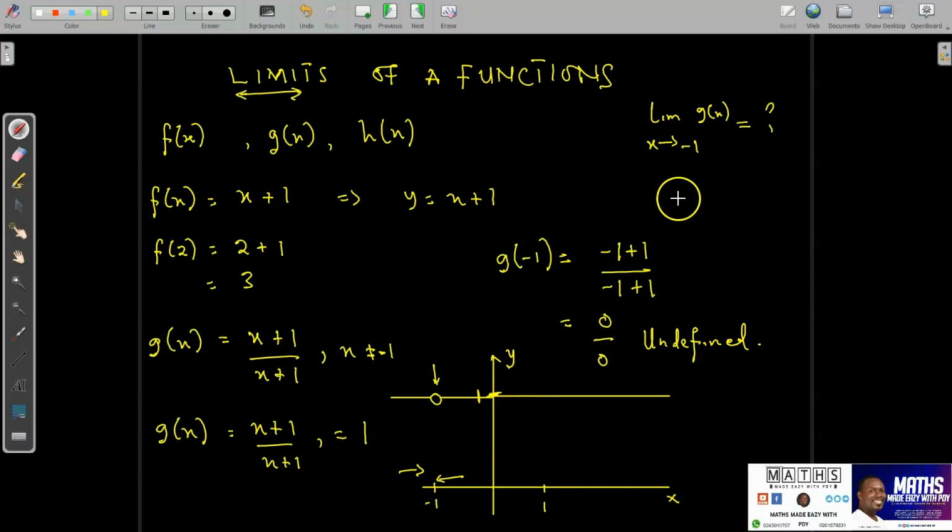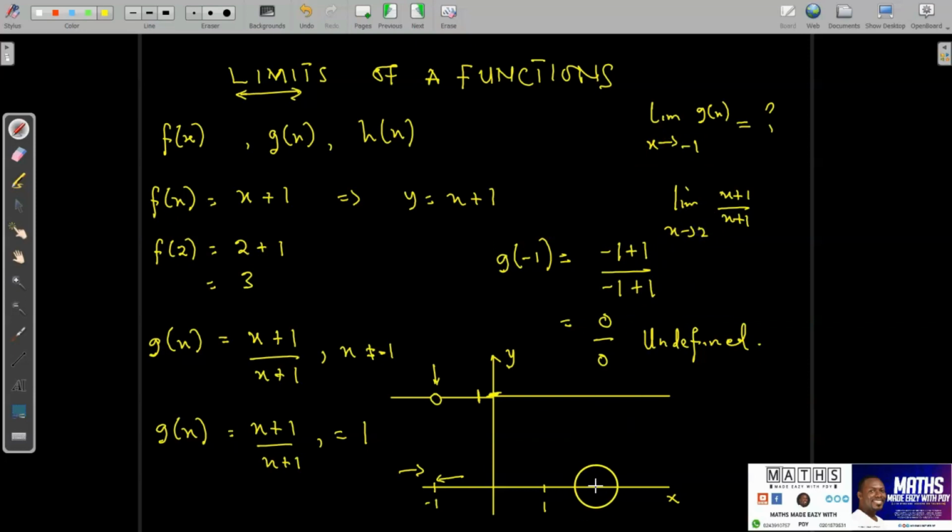So maybe if I want to find the limit of g of x, which is x plus 1 over x plus 1, as x approaches, this time around I'm not going to use -1. Let us use 2.